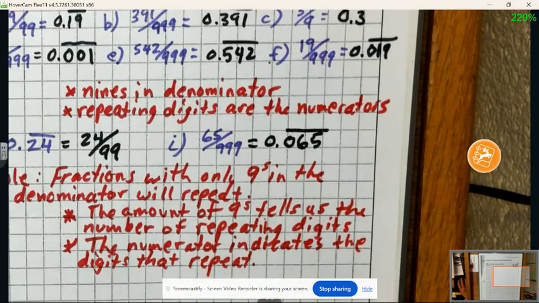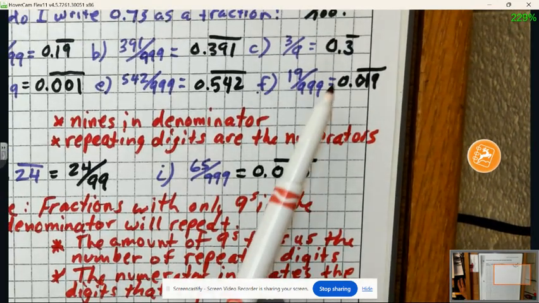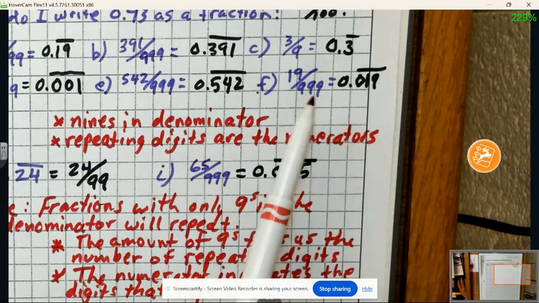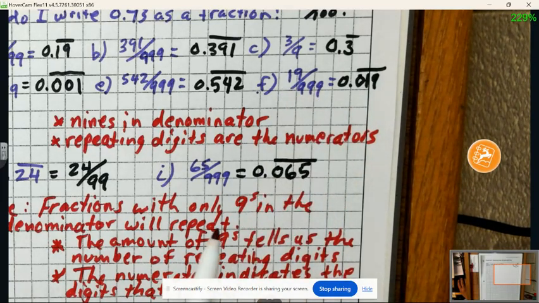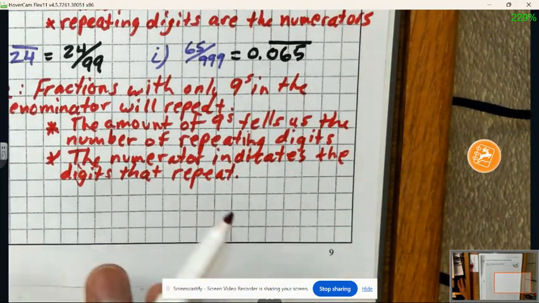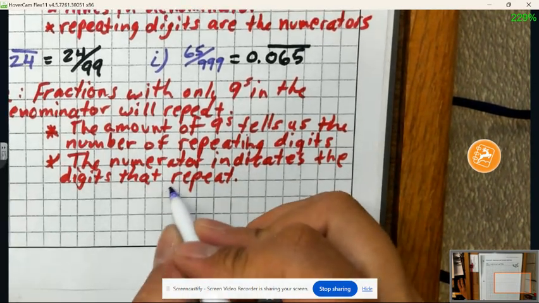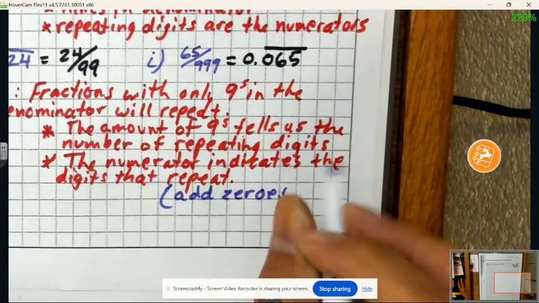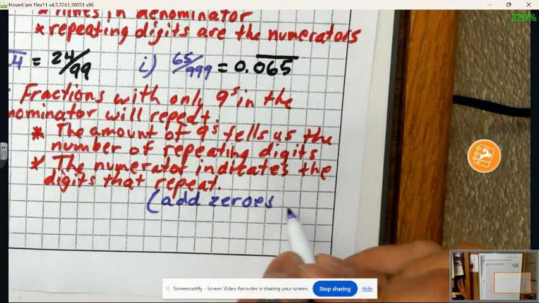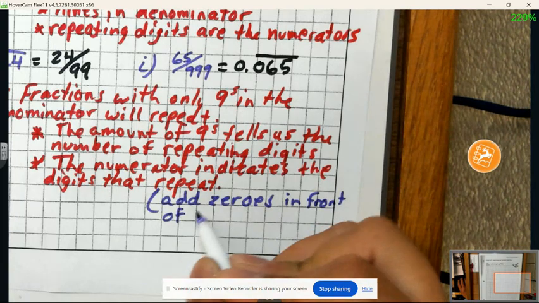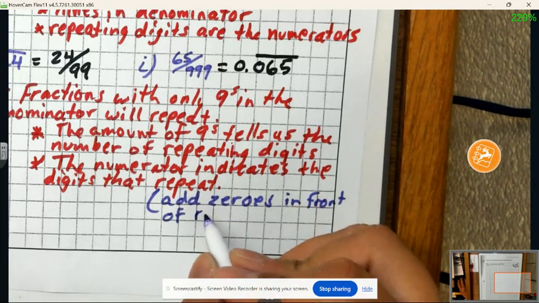Okay, but how can we say, because this is a 19, but not only the 19 repeats. This tells us how many digits repeat, but I only have 2 digits in my numerator. So that's what we need to do, we need to add zeros in front of the repeating digits.